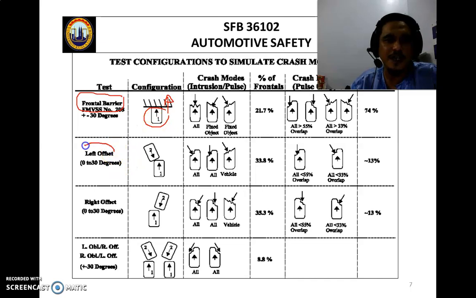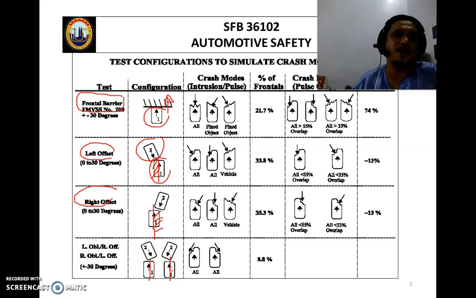Left offset involves two vehicles from the opposite direction, but the accident is through the left area of vehicle 1. The right offset is for the right area of vehicle 1, and left oblique or right oblique is at the center of vehicle 1.